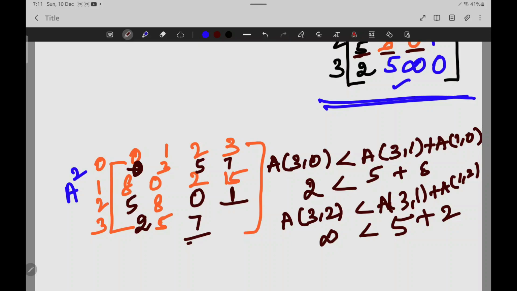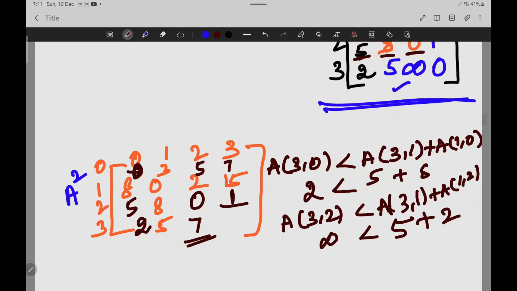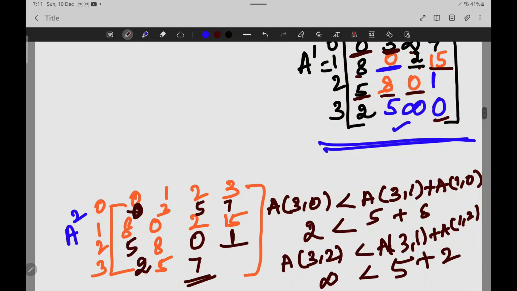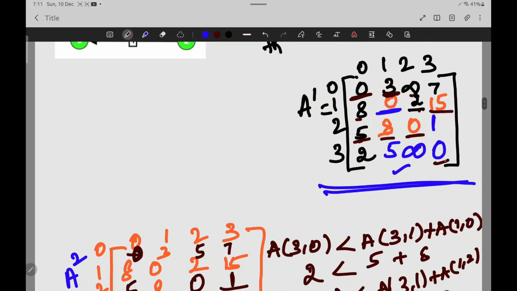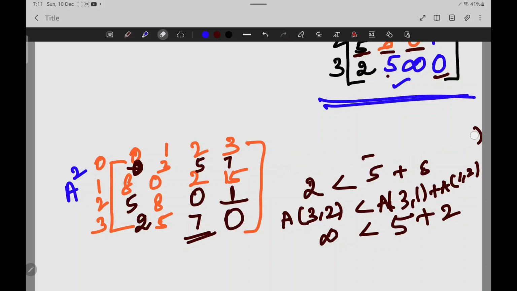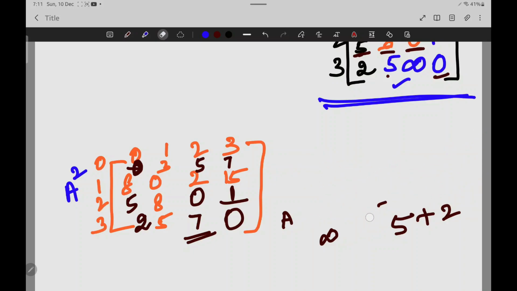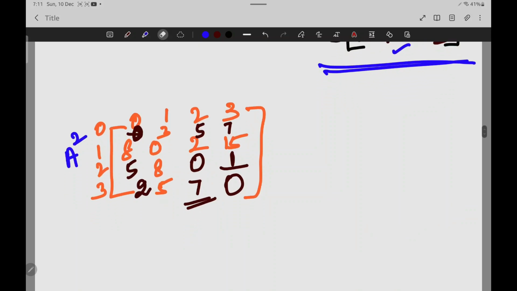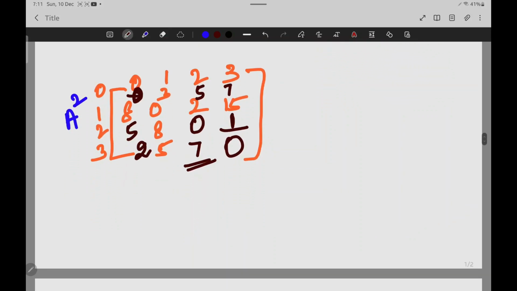So 7. We can replace the infinity with the value 7. So here we are having 0. So any value added to its 3 comma 1, 5, will increase the value. We will have the previous old value itself. So this is via 1. Similarly, we need to find the value for via 2.